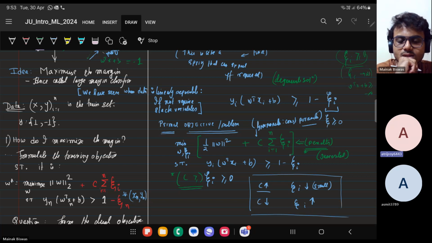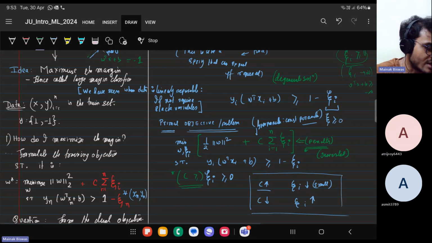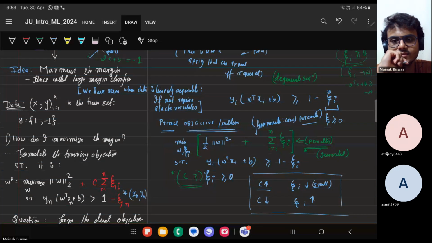Acha, acha, means that is why as C increases, xi should decrease. Yes. C, you forget for the time being. Say C is not there. Okay, so I'm adding this xi. Why am I adding these xi's? So the sum will be minimized along with that.